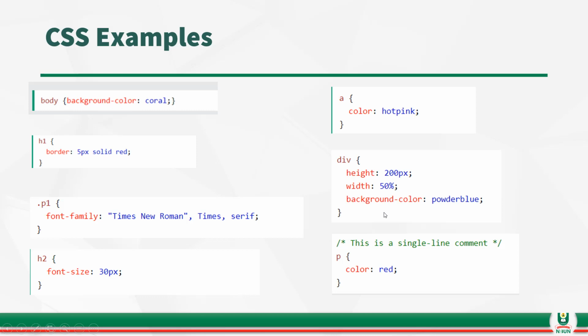Now, I also mentioned comments, CSS comments. So usually you write comments in your documents or CSS file so as to remind you of something you need to do, or even to guide you on why you are doing what you are doing at that point in time. The way you write a CSS comment is shown right here.